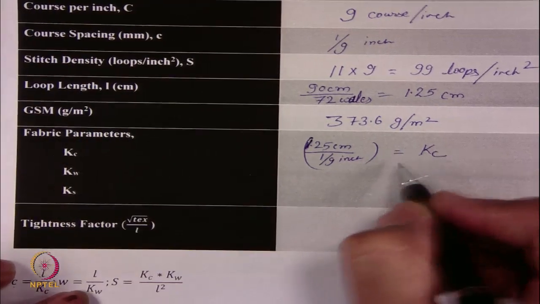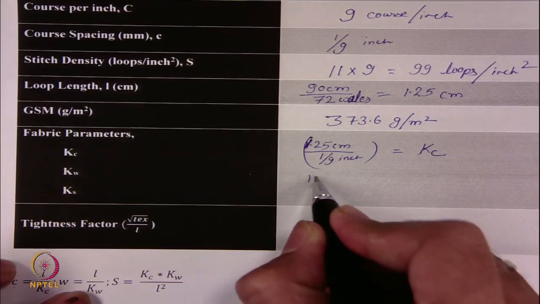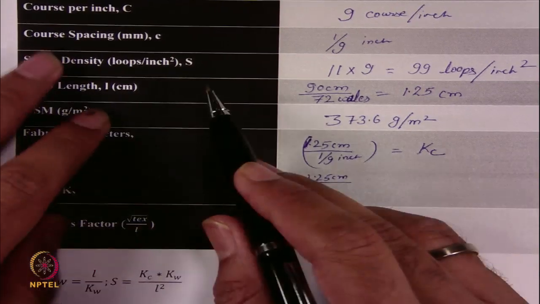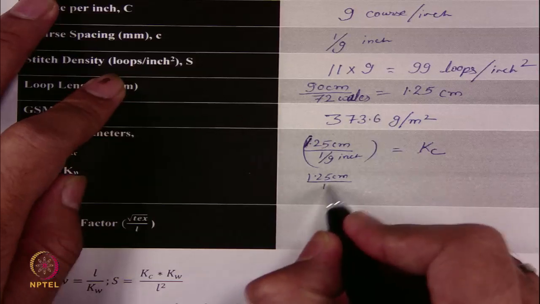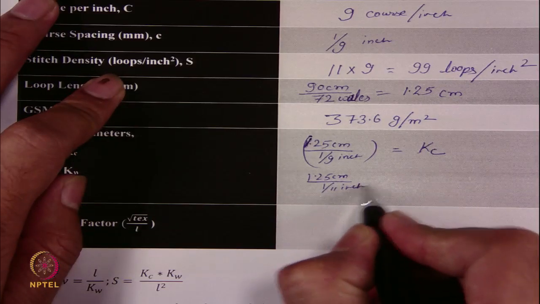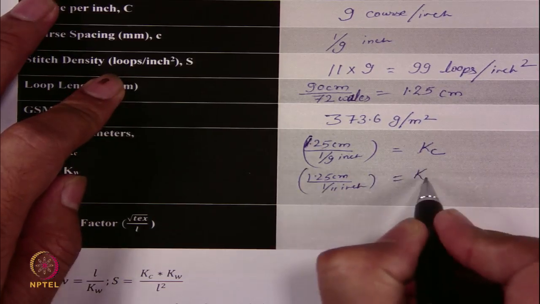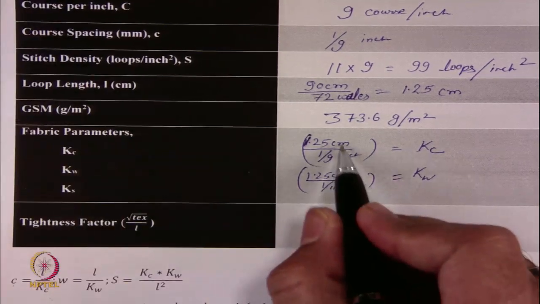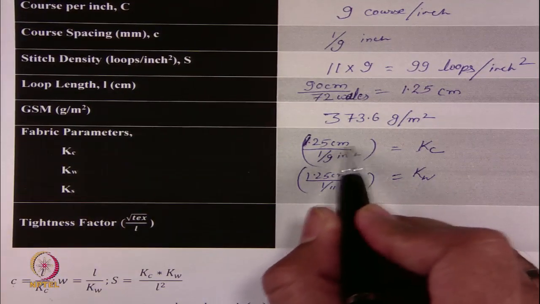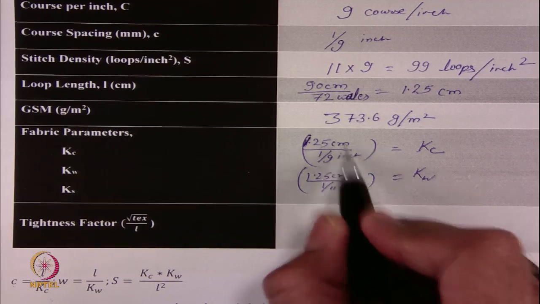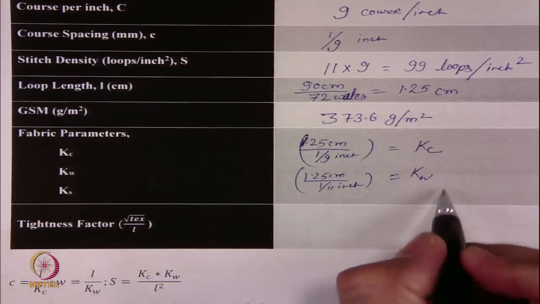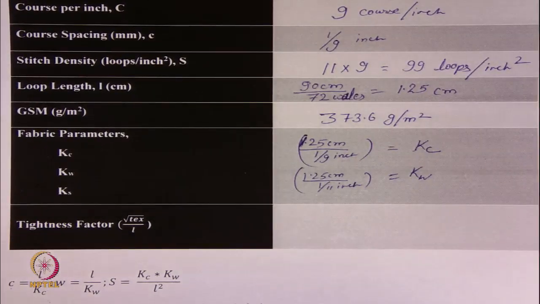Similarly, Kw: 1.25 centimeter, wale spacing is 1 by 11 inch. Please note Kc and Kw are dimensionless. Here also the unit is length, this is also a length unit, so they will cancel out. So, Kc and Kw are unitless parameters.